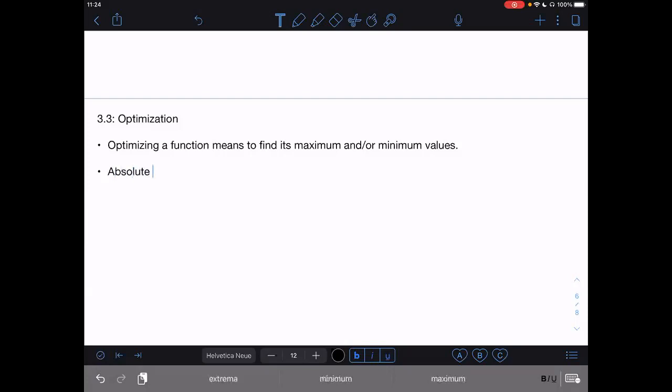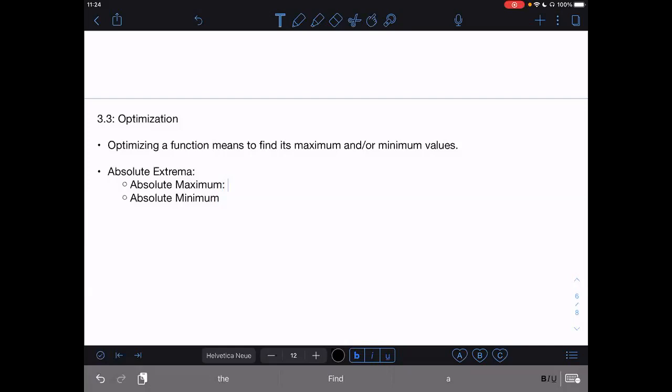The absolute extrema values. Okay, and we have two of them, just like we did for the relative extrema. We have what's known as the absolute maximum value and the absolute minimum value.